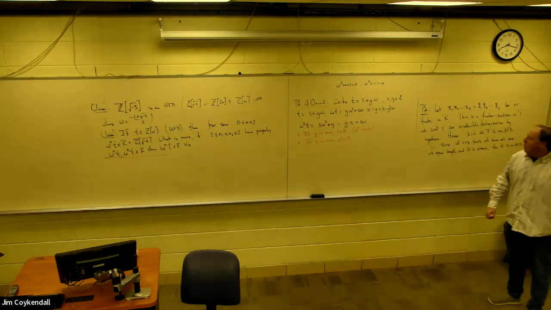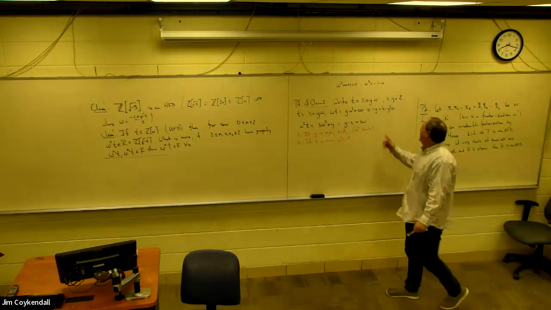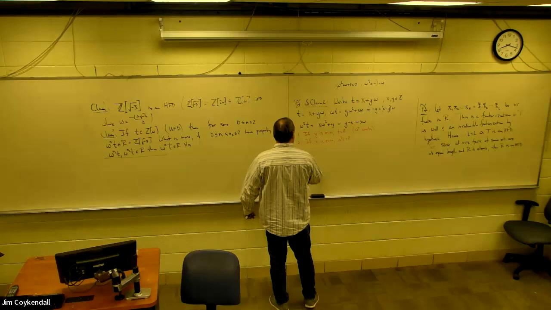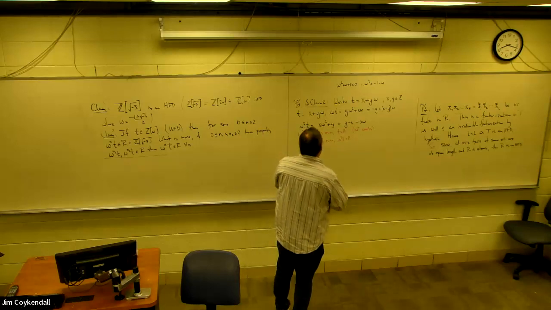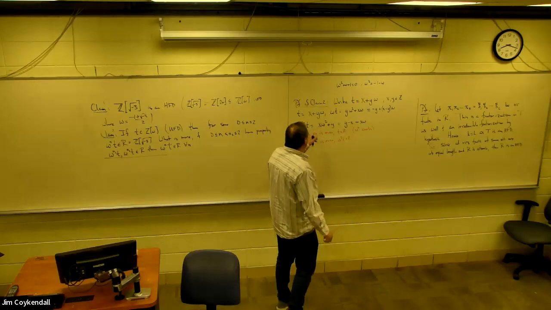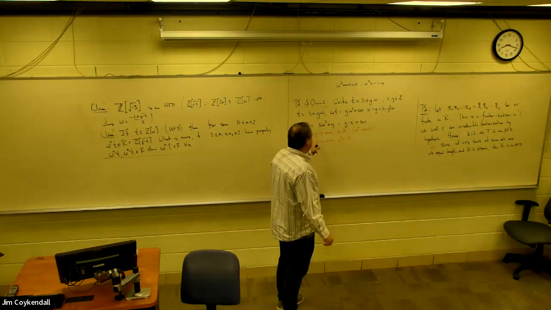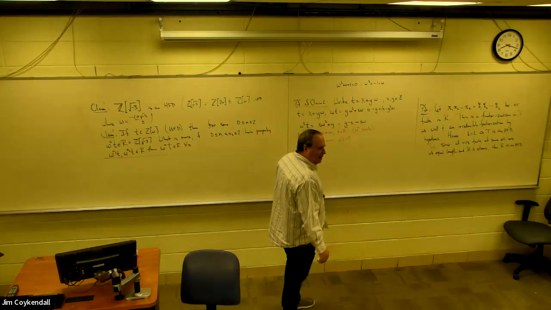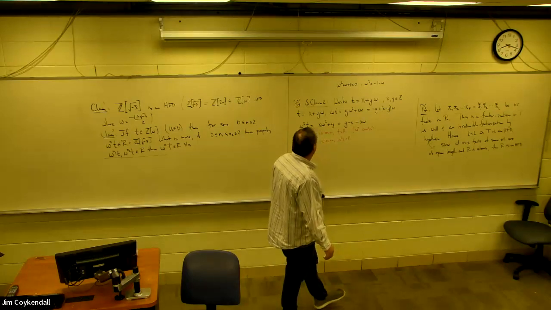Now, what about that middle case? What does it take here? Well, we've got this licked if y is even. We've got it licked if x is even. What's the only thing we've got to worry about? That is if both y and x are odd.